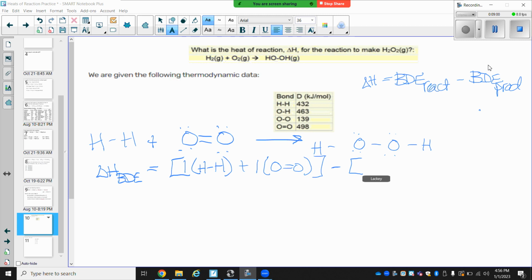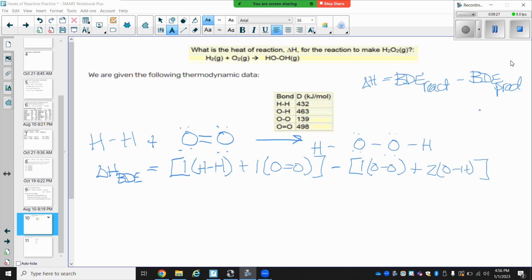So on our product side, we have 1 single bonded oxygen to oxygen. And then we also have this hydrogen to oxygen, but we have 2 of them. So those are the bonds that we are looking at specifically.